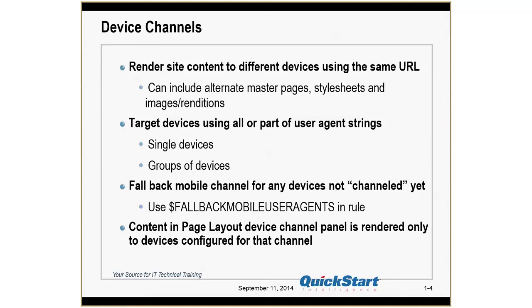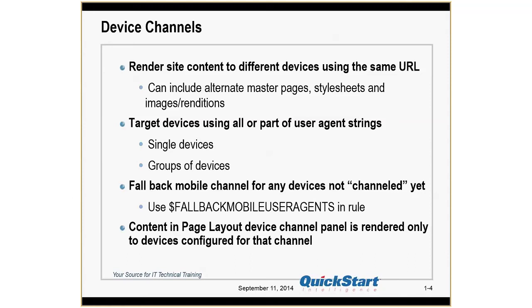So if it's an iPad 2 or say a Samsung Tab 10 or a desktop, you may want to go ahead and render all this content. So you'd have those device channels listed on all the panels, the device channel panels.